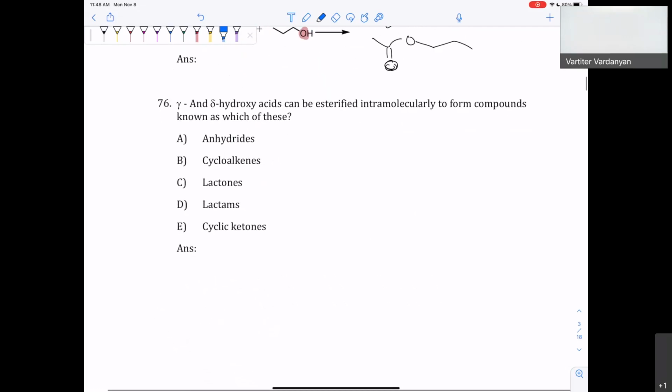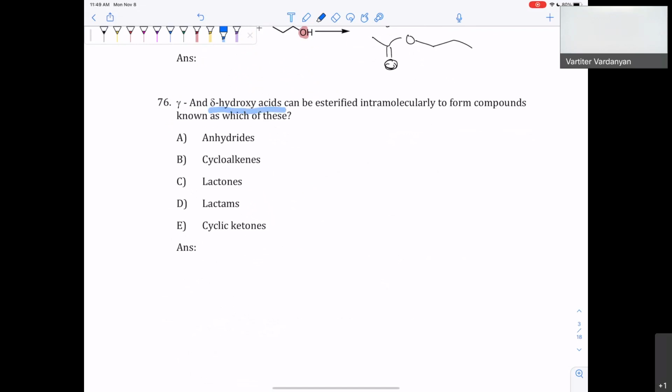So this next one, again, this question isn't hard. It's just phrased in a really weird way. So gamma and delta hydroxy acids can be esterified intramolecularly, blah, blah, blah. Like what does this mean, right? So hydroxy acids, all you have to know is that this is a carboxylic acid that has an OH somewhere, right?